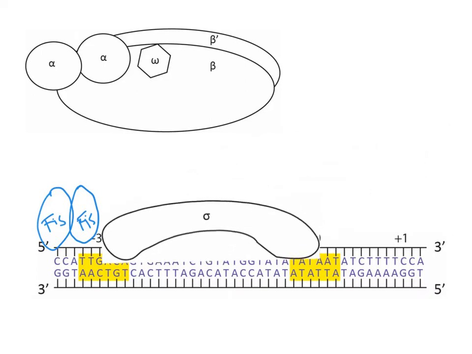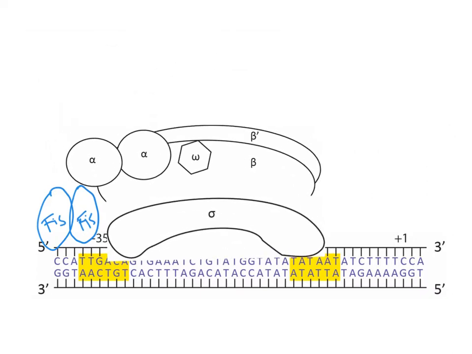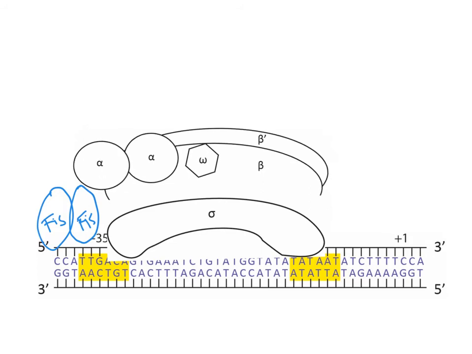So after sigma factor comes in, and then the rest of the complex comes in to form the final holoenzyme, we can actually get an interaction here between Fis and the alpha subunit on RNA polymerase that facilitates and stabilizes the binding of RNA polymerase with the DNA. So in general, repressors are going to stop RNA polymerase binding, and activators are going to increase the likelihood of RNA polymerase binding.